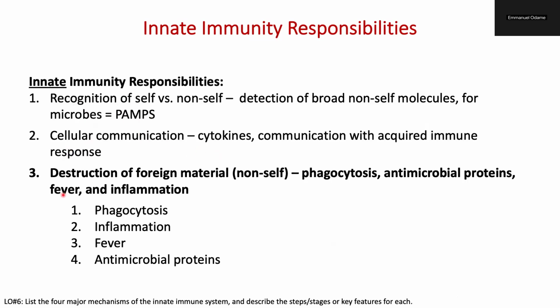Now the third one for us to talk about is the destruction of foreign materials, which is the non-self, through phagocytosis, antimicrobial proteins, fever, or inflammation. So we take this one after the other. We first talk about phagocytosis, inflammation, fever, and then the last one will be antimicrobial proteins.